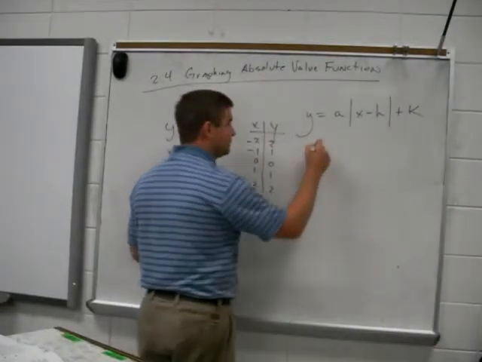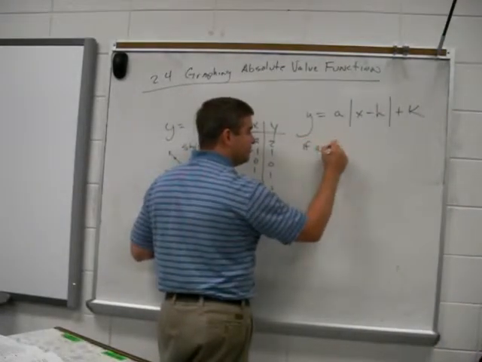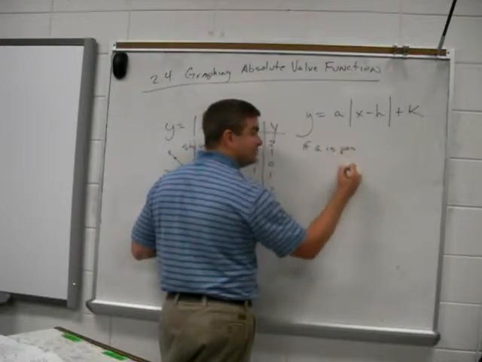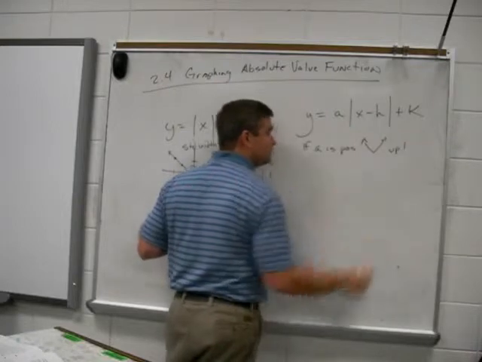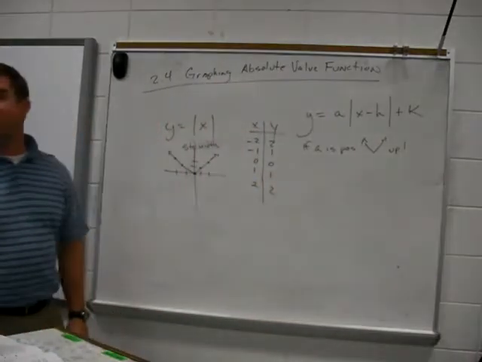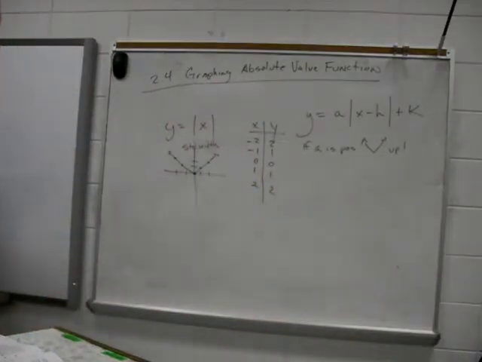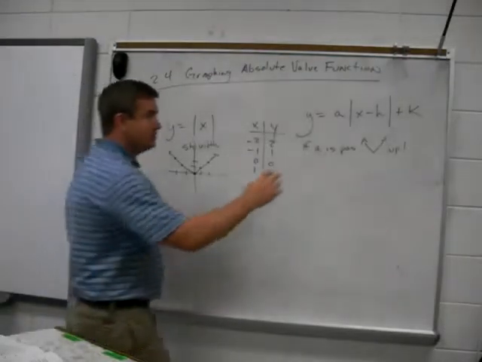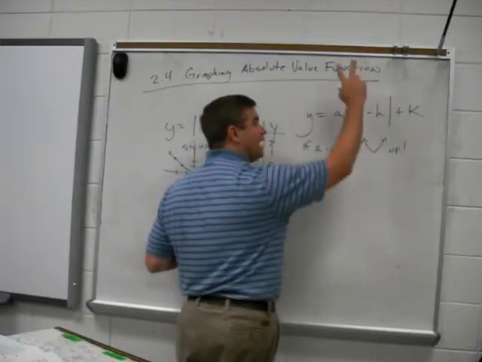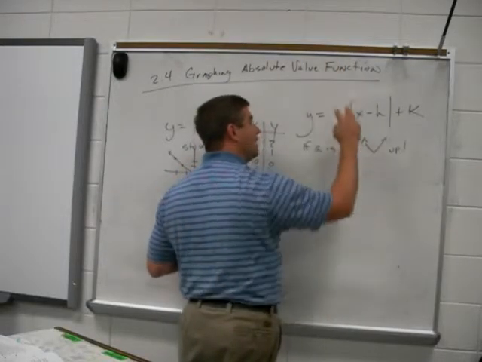All right? The first thing, if A is positive, then the graph goes up. If A is positive, then the graph of the absolute value is up. Some people get confused on what up and down is. Notice I have the 2 arrows and they are pointing up. The V is opening up.